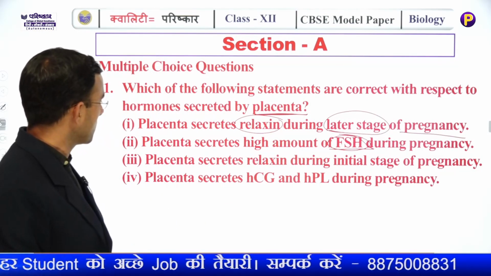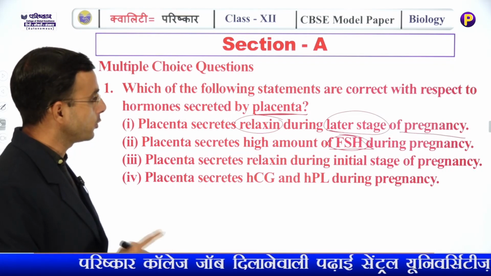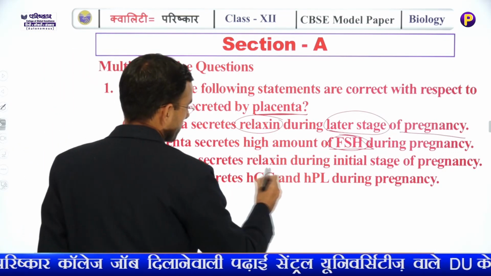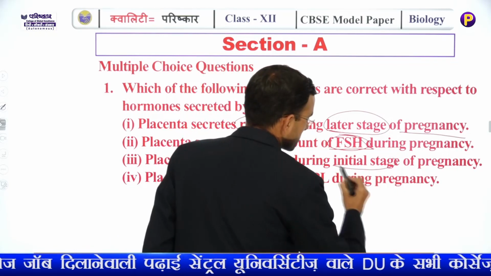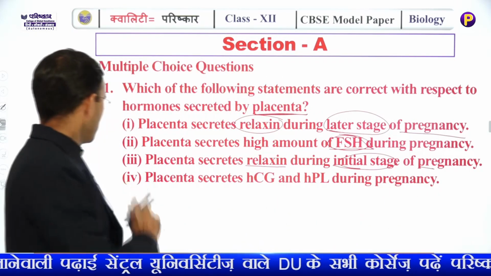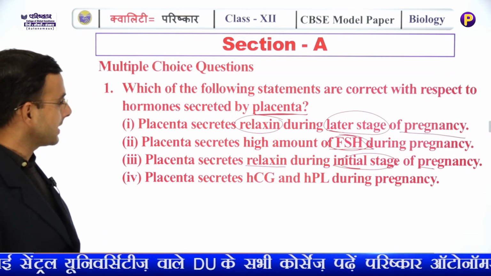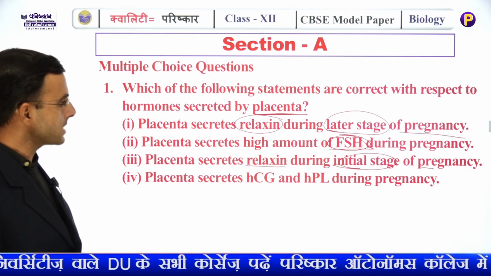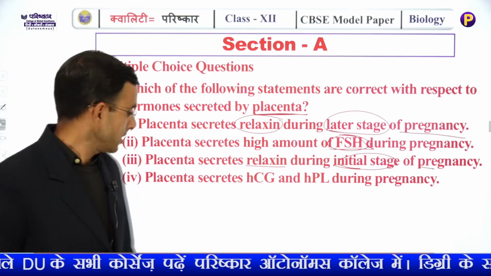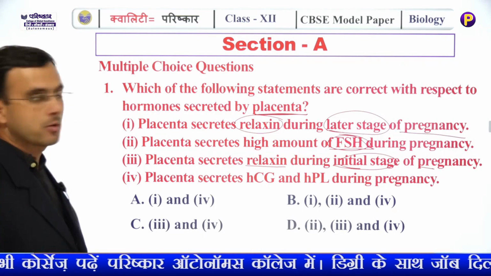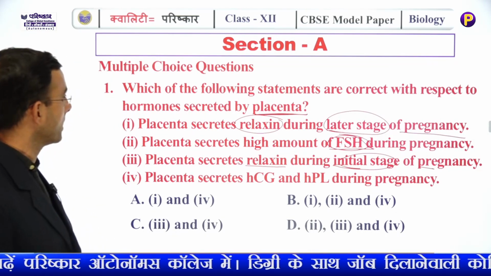Third: placenta secretes relaxin during the initial stage of pregnancy. And the last one: placenta secretes HCG or HPL during pregnancy. So these are the options. Which one is the correct answer?